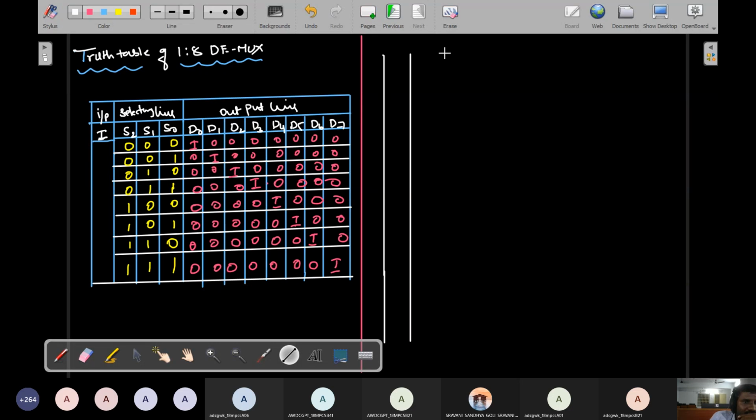Here we are using the complementary states. These are the complementary states.